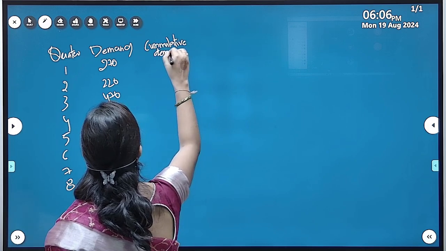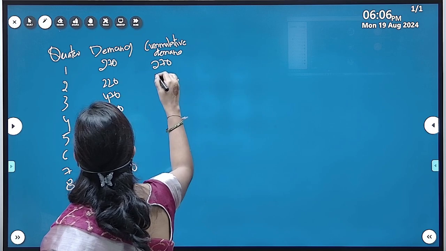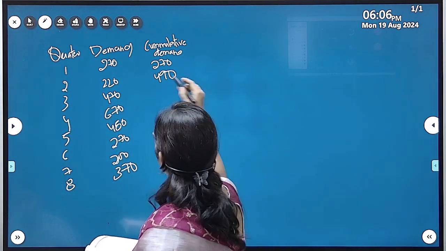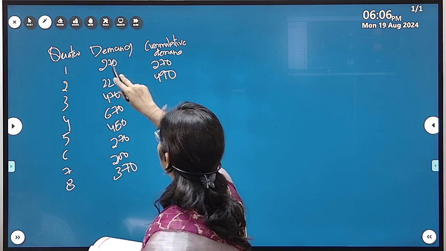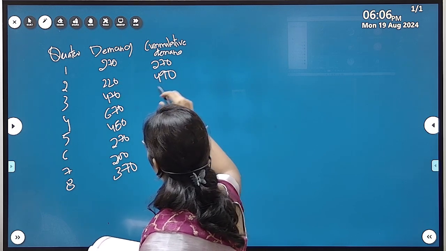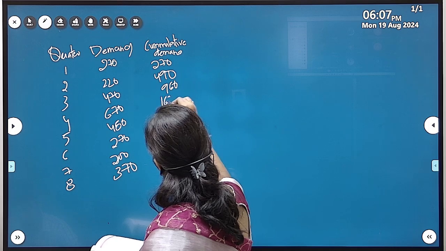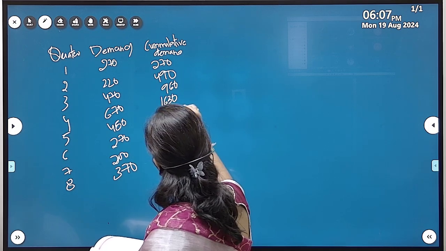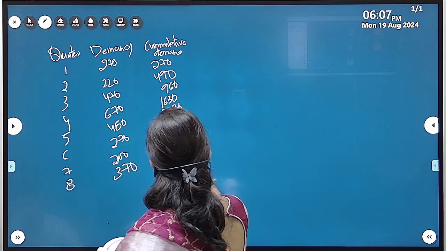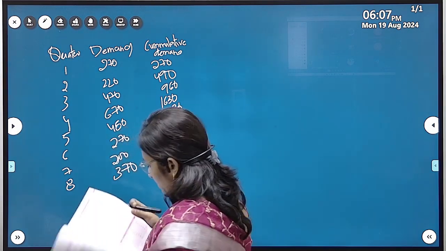Cumulative means we add it all up. So 270 plus 220 is 490, 490 plus 470 is 960, next 1630, next 2080, next 2350, next 2550, next 2920.